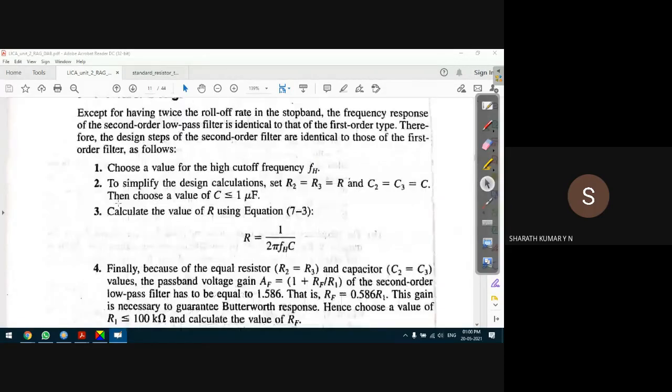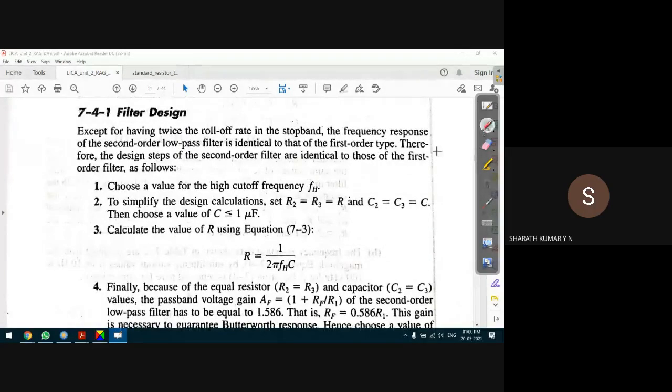So for filter design, how do we design the unknown values, that is the R and C values? First, fH is determined, this is a requirement. The upper cutoff frequency, let us say we want 1 megahertz. For this 1 megahertz, we have to select the values of R2, R3, C2, C3. To simplify the design calculation, initially R2 and R3 are assumed as equal resistances, and similarly C2 and C3 are assumed equal.